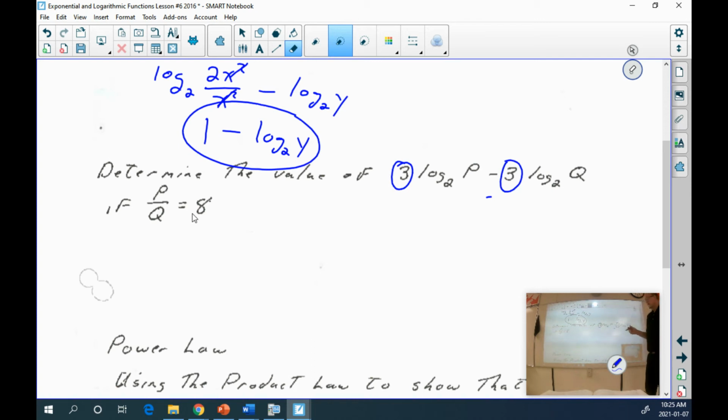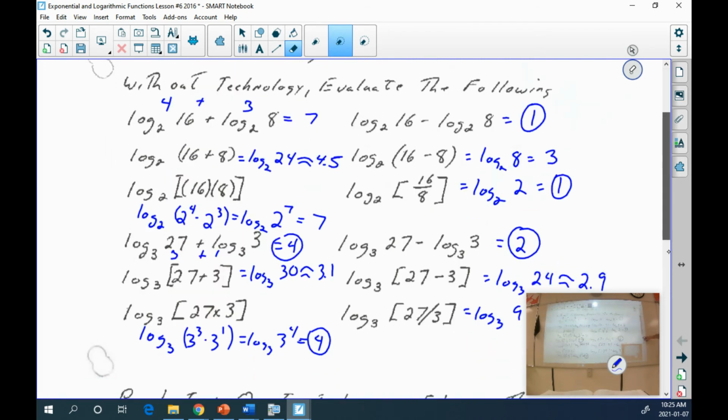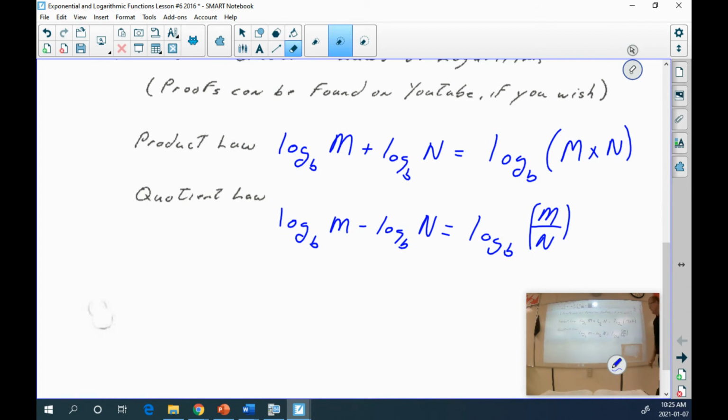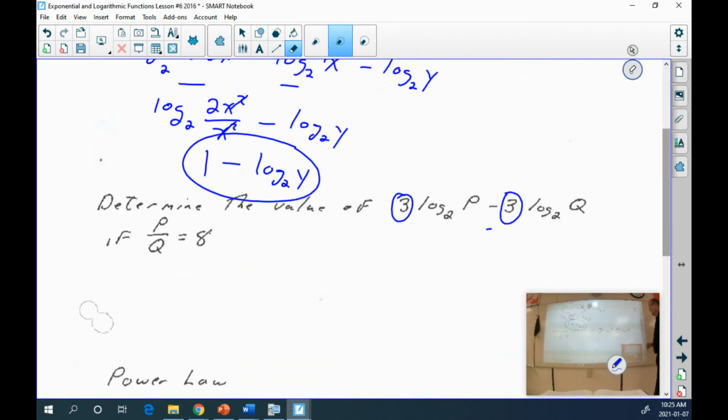My laws of logarithms don't have a 3 in front of both terms. Our laws of logarithms only have a 1. So I can't apply the laws of logarithms yet. I need to get rid of that 3. Well, that's easy. Take out a common factor of 3.